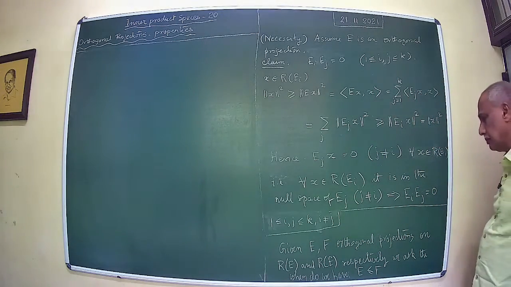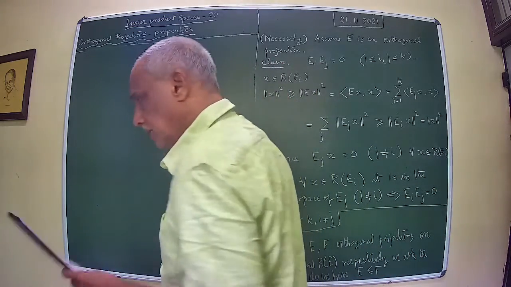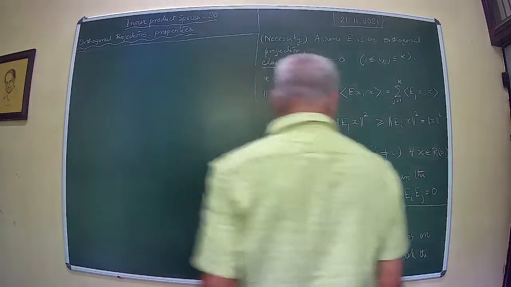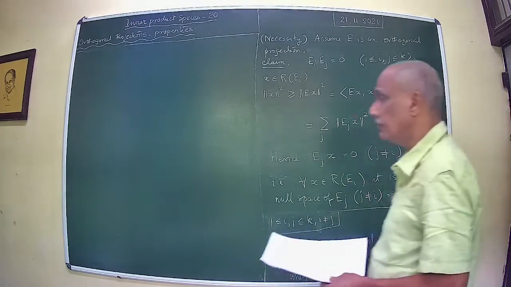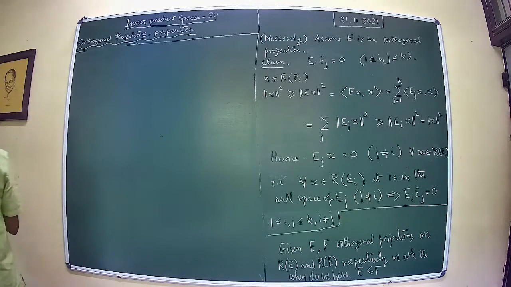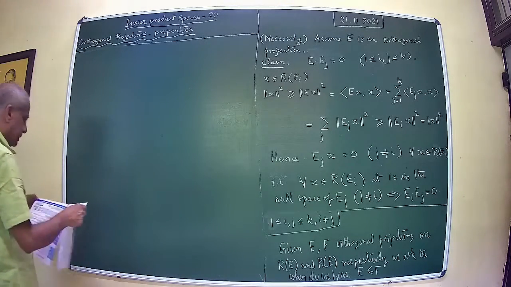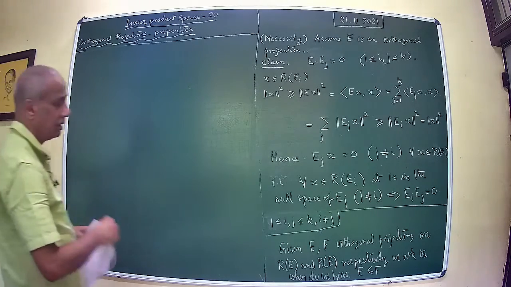What does this mean? This means F minus E is positive definite, or at least semi-positive definite. Okay, so that's the criteria that we have. So let us start with this.